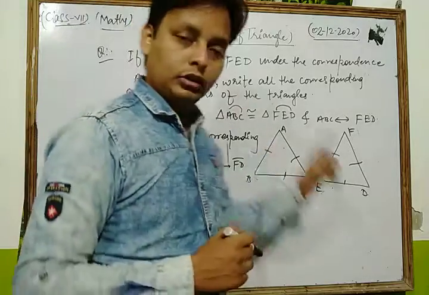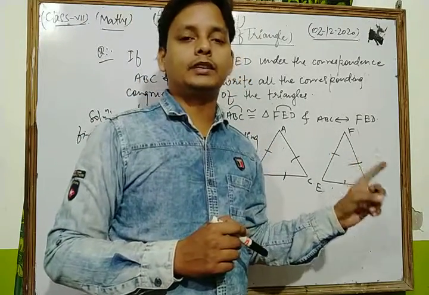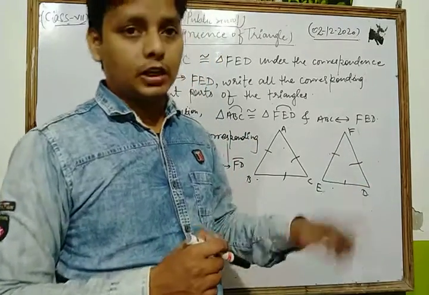Now, since both the triangles are congruent to each other, their corresponding angles are also equal.